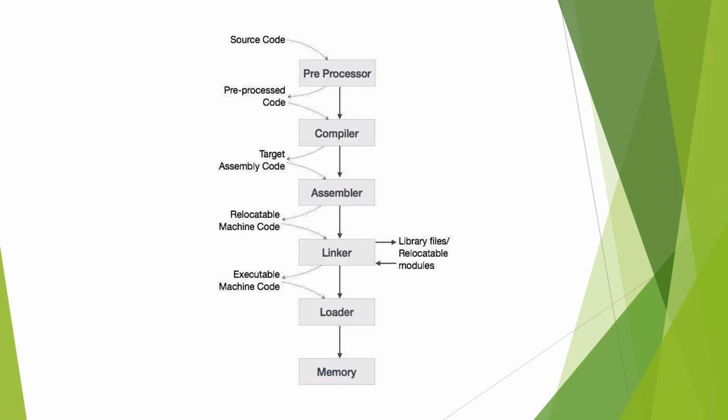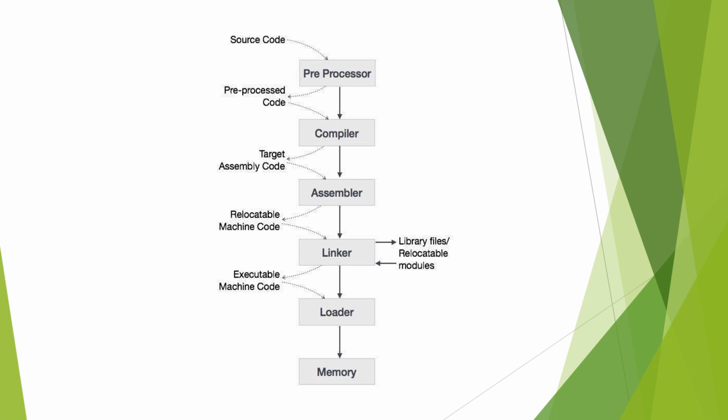Then comes here how it runs. So here it is first one. Source code first enters into the preprocessor, then it is converted into preprocessed code, and then it enters into a compiler, then it translates into target assembly code, then it enters into the assembler. In assembler it is relocatable machine code, and it is sent to linker.